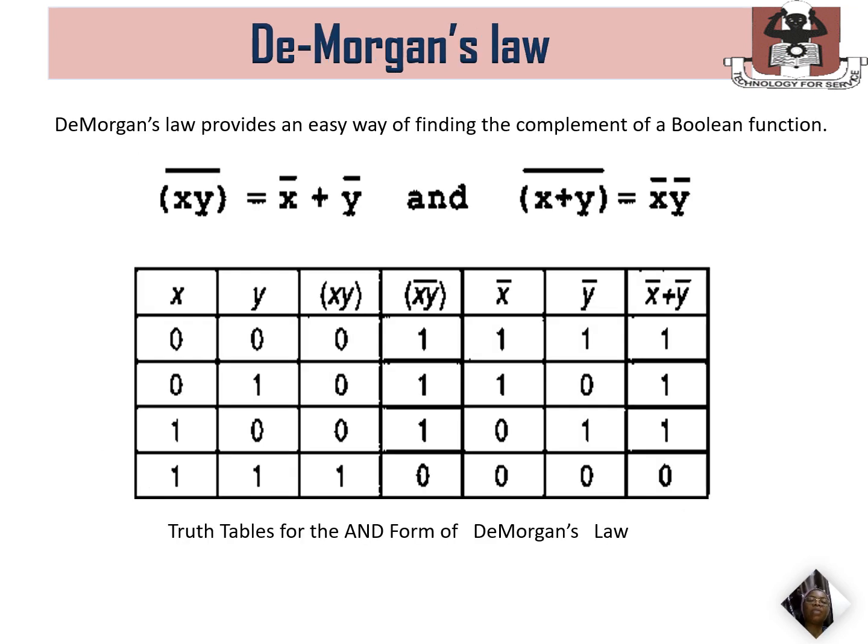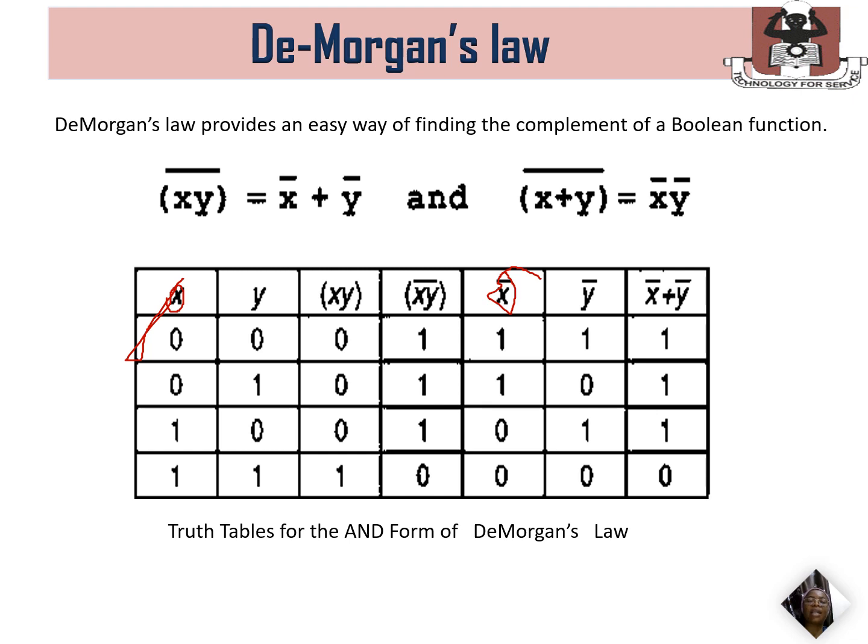Now let's look at De Morgan's law. De Morgan's law provides an easy way of finding the complement of a Boolean function. For instance, let's say that we are using this x here, and this is not x, this bar x.